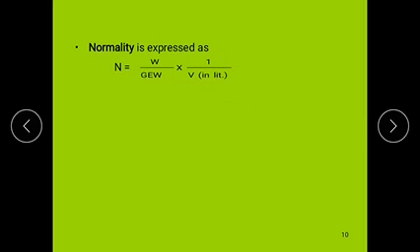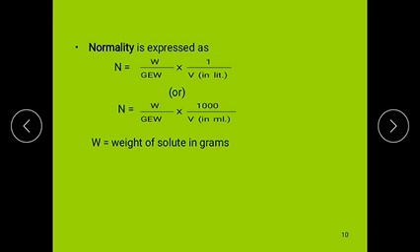That is, W is the weight of the substance by the gram equivalent weight of the substance into 1 by volume in liters, or if it is in milliliters, that can be written as W by GW into 1000 by V in milliliters.